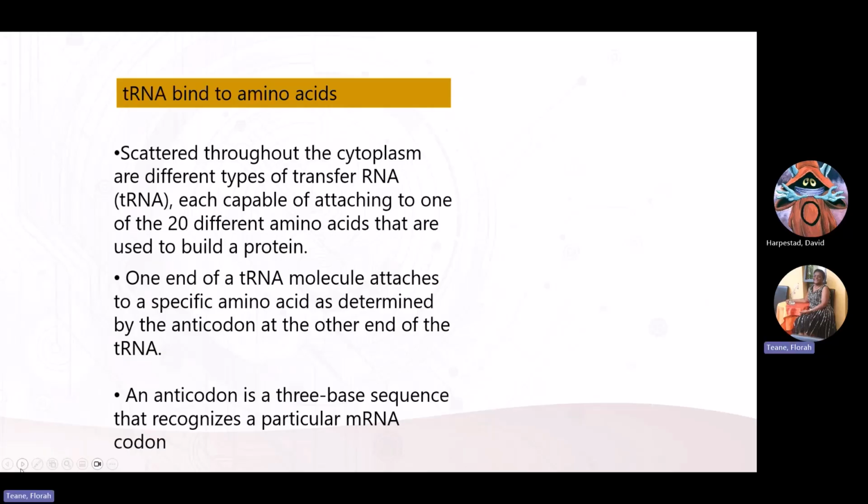Now the message carried by the messenger RNA will dictate which amino acids are needed for that particular protein. So the transfer RNA will collect amino acids from the cytoplasm and transfer them to the ribosomes where proteins are being formed.